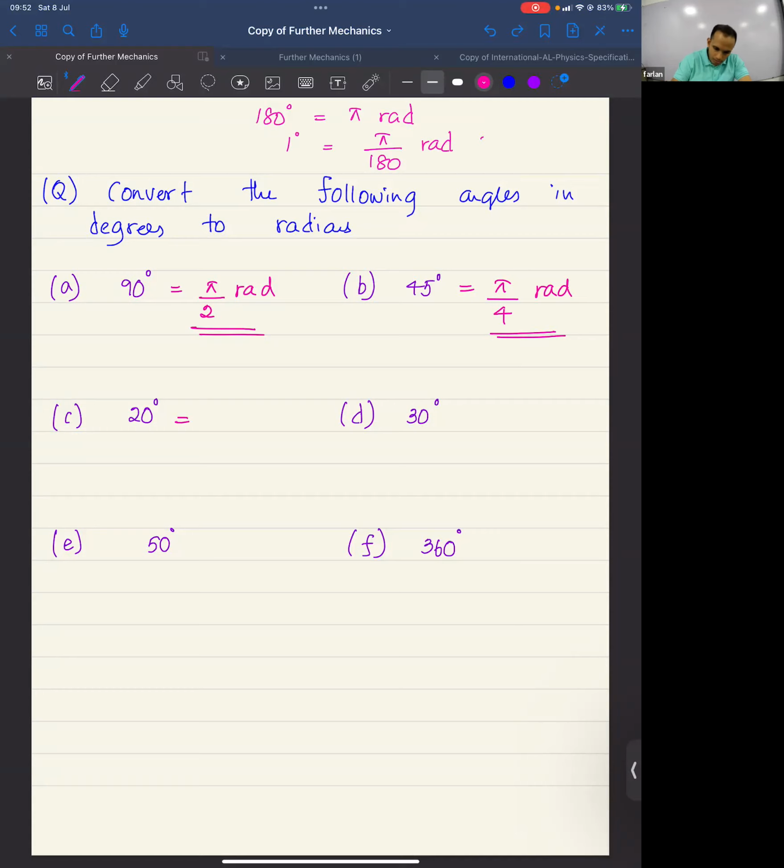So 20 degrees will be 20 into pi over 180, which will be pi over 9 radians. Check your answers. Correct? Similarly, 30 will be 30 into pi over 180. That will be pi over 6 radians.